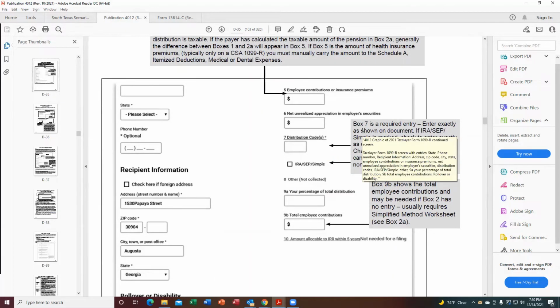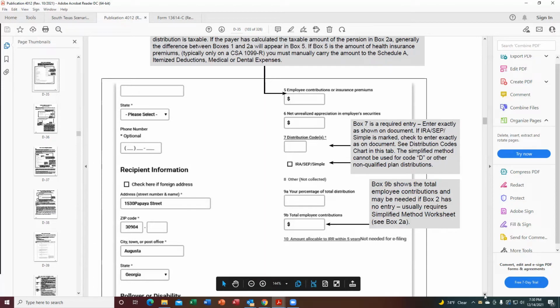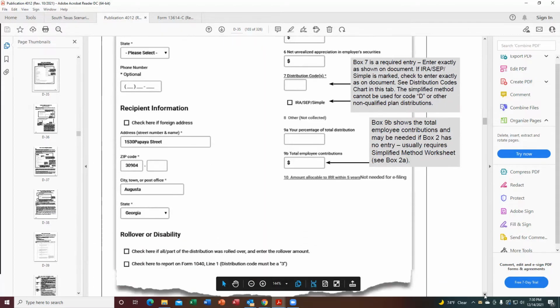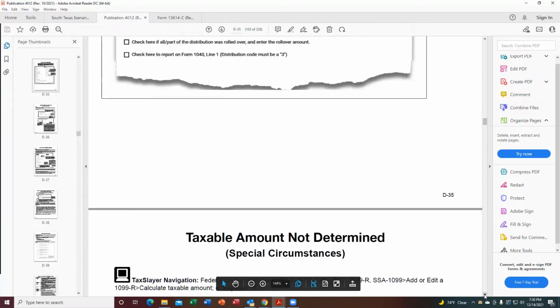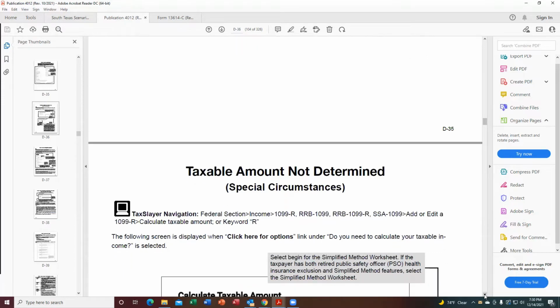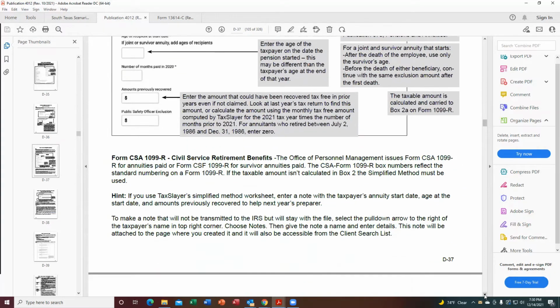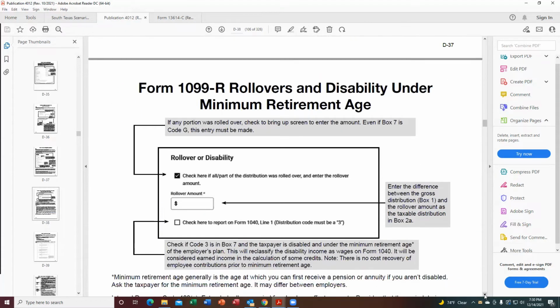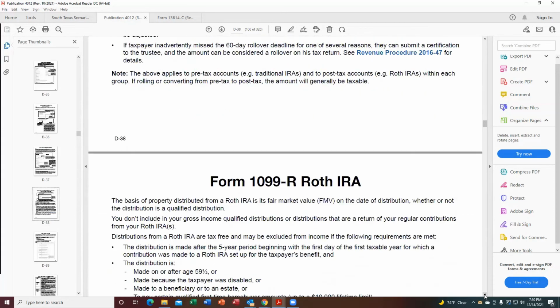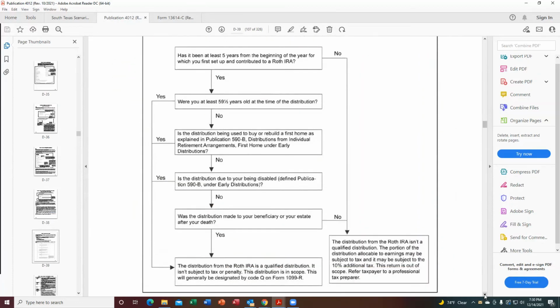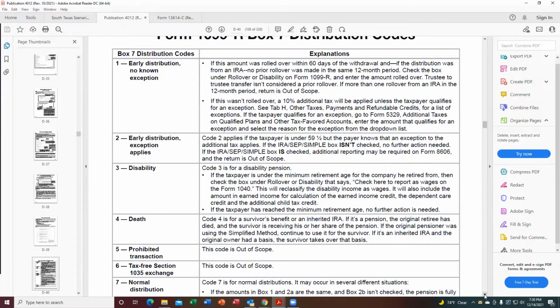Okay, and if you recall, the distribution code was a 3 on the form. And so that becomes important. So I'm gonna go find my codes. My codes are a little bit further down. Right in here.